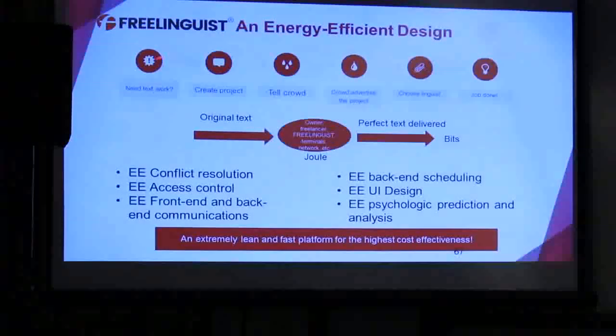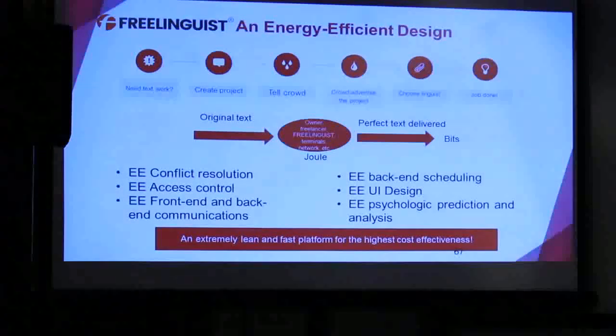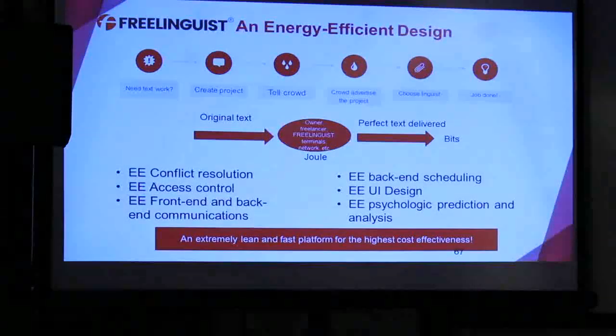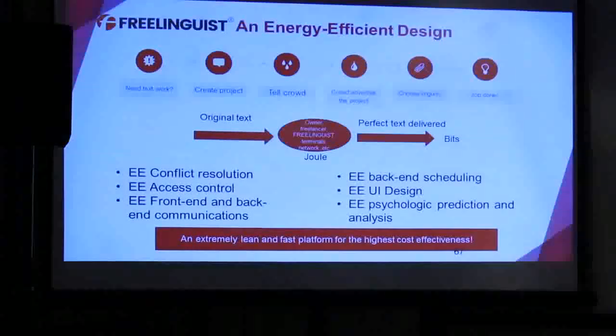Okay? So to use this system, first, do you need some text work? Yes, if you need, then you can simply create a project on this platform. And then this platform will advertise this to the people who can help. And then those who are willing to help, the contributors, if they are interested, they will place a bid for this.